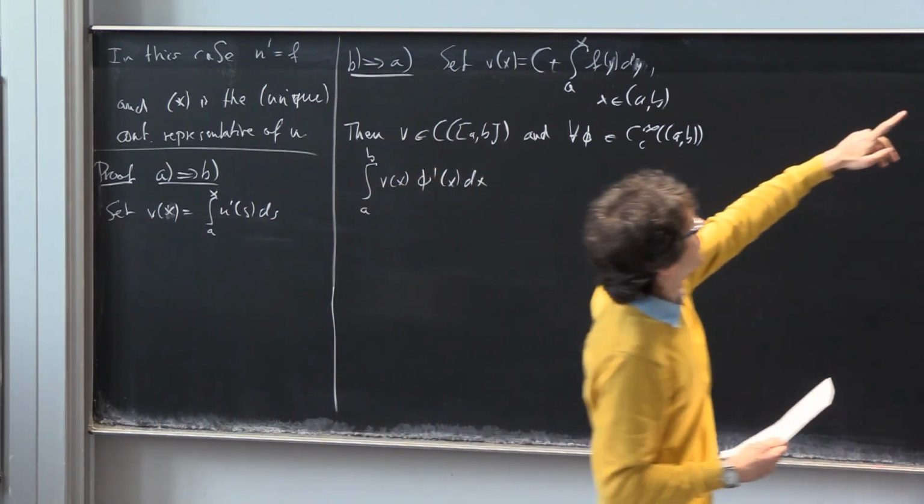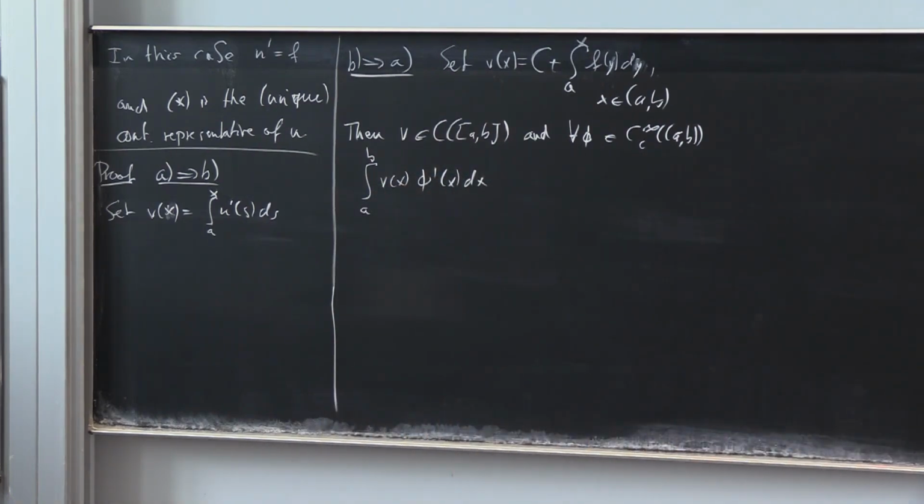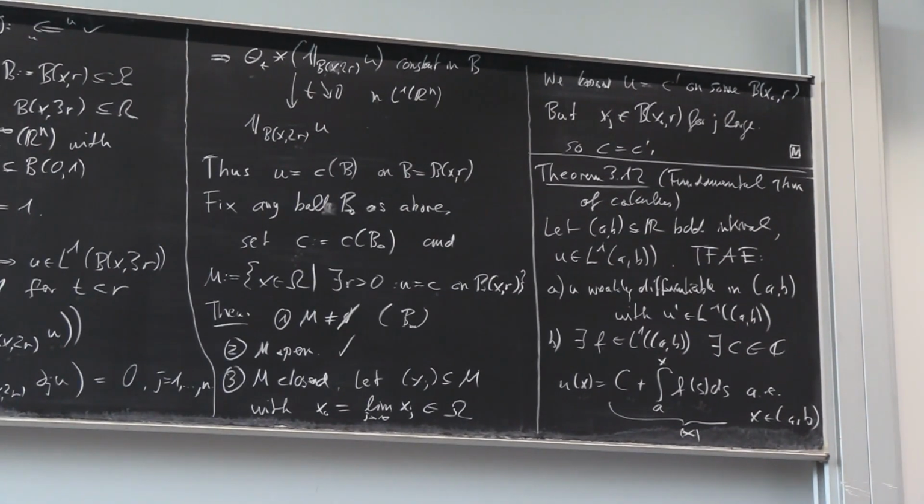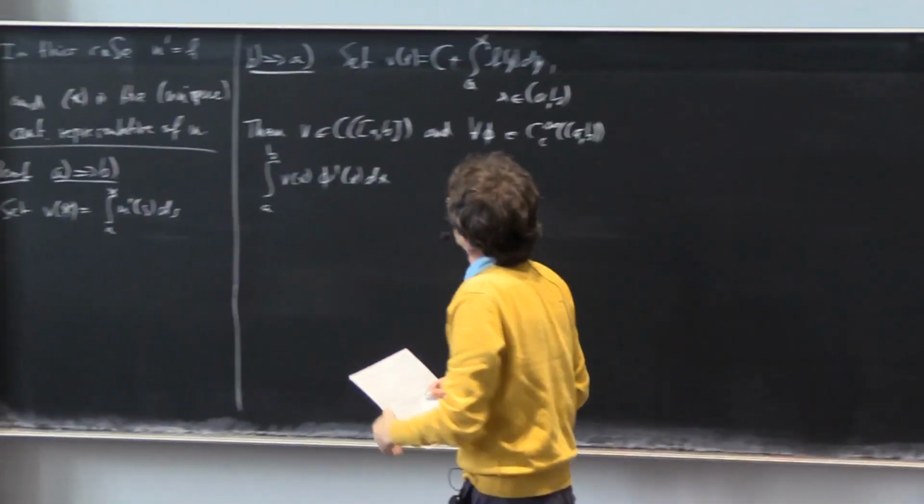That is what we want to show. We have as a hypothesis that u is given like that, so we take this u, and we show it's weakly differentiable with the derivative f.